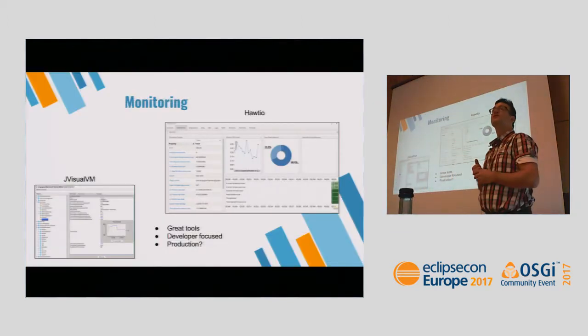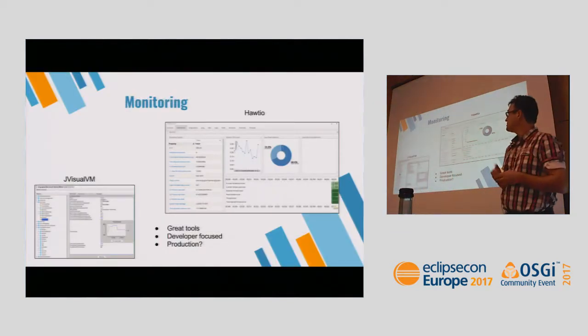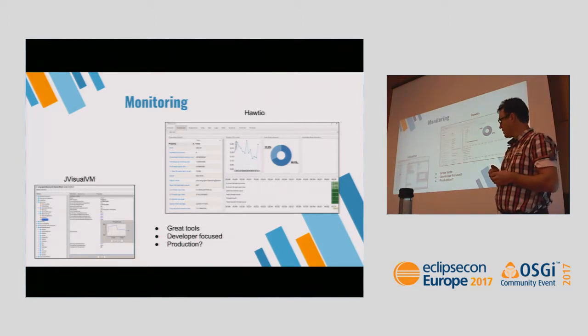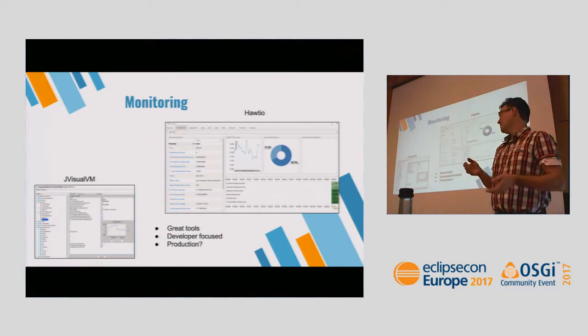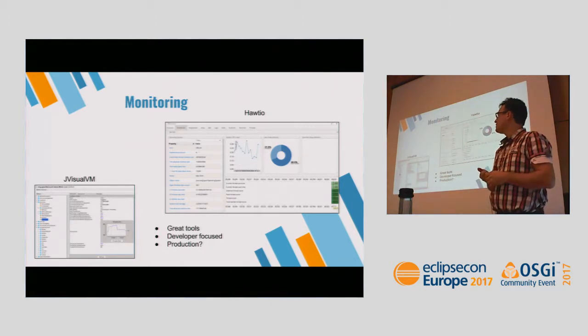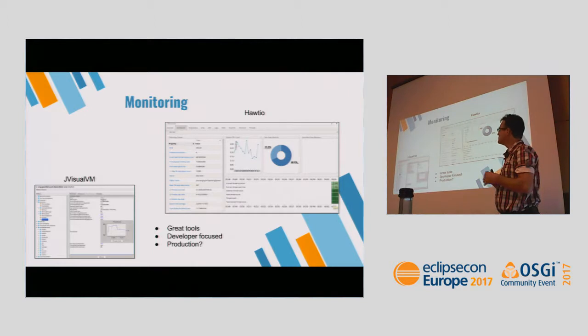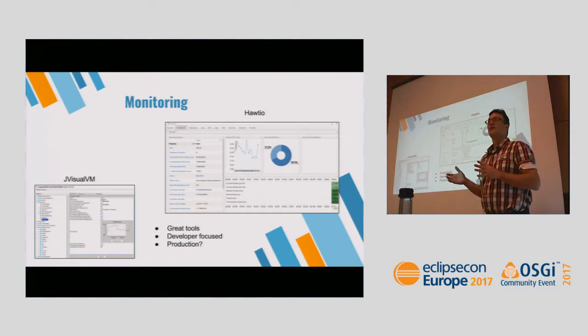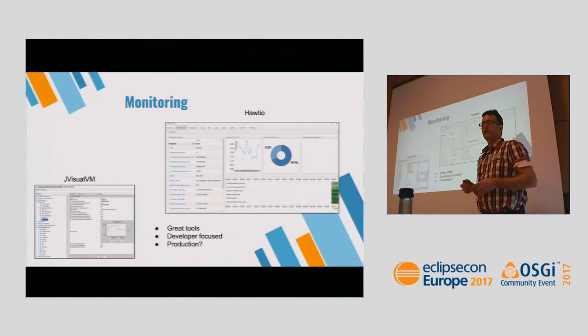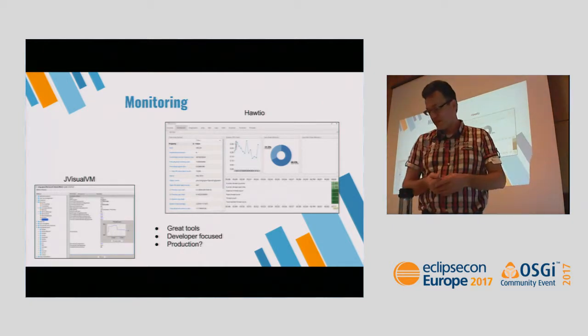There is also monitoring out of the box. There is JVisualVM, which is brought with the JDK. You can look into MBeans, you can look into the status of the JVM, something a little bit about the operating system. You can do profiling. There is also Hawt.io, which goes a bit beyond that and has some nice plugins for certain frameworks or technologies.